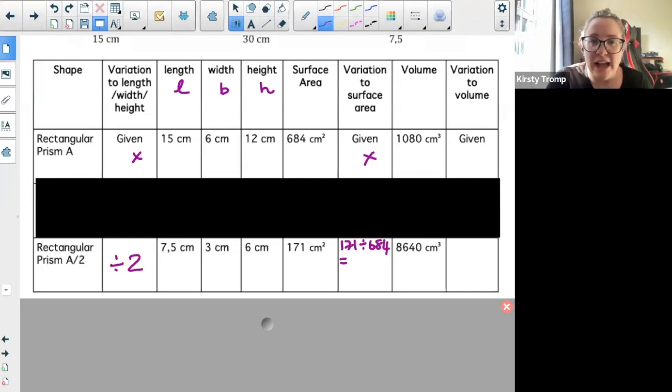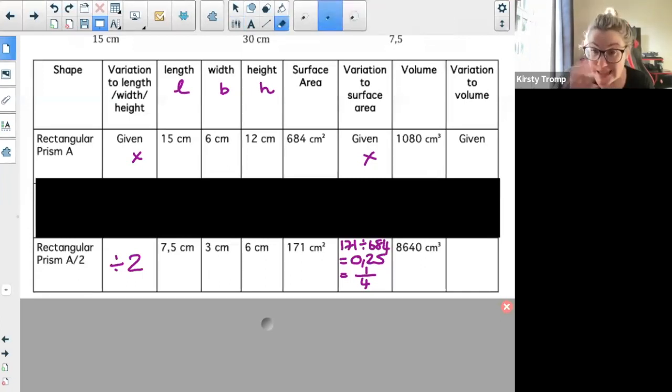So Katleho is absolutely right. It gives me 0.25, and if I make that into a fraction, it gives me 1 over 4. Just like Itandile said, another way to look at it is: what do you need to divide 684 by to get 171?